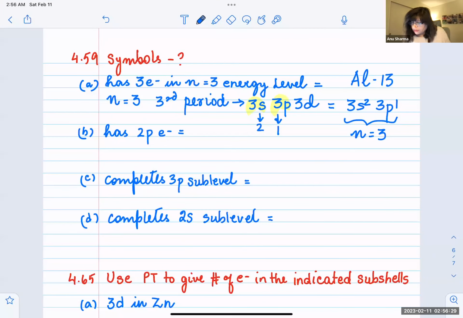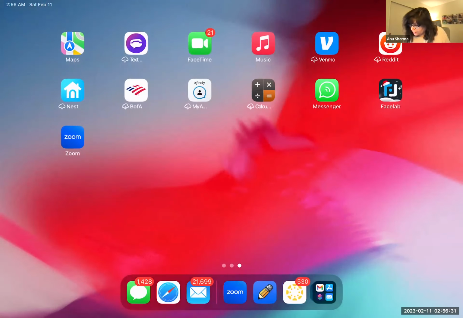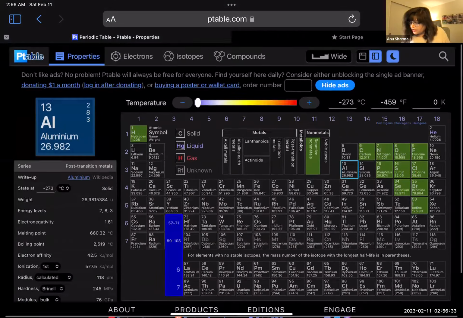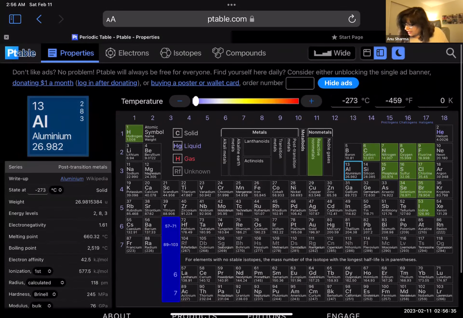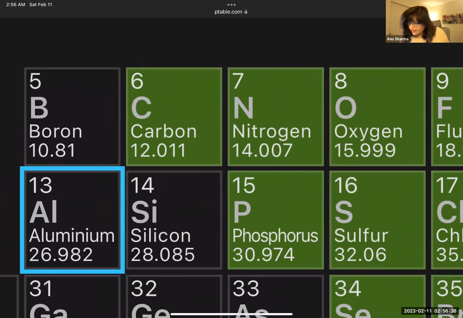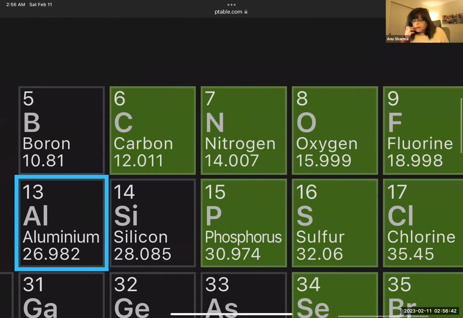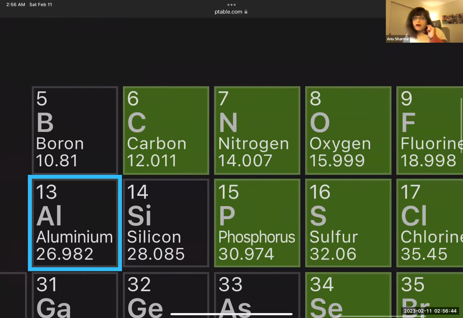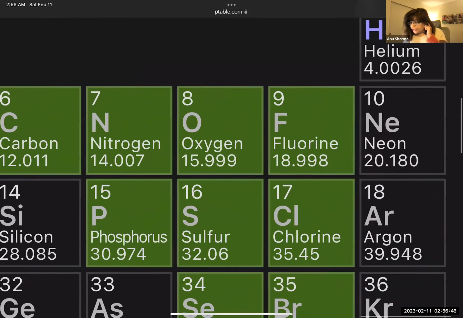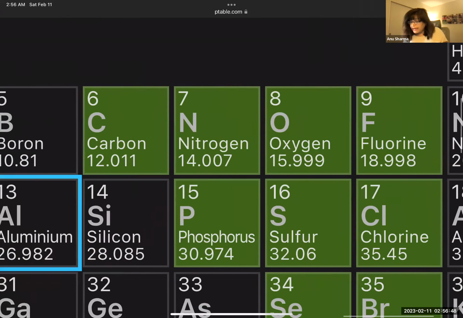Next is, which symbol of that element has 2p electrons? So 2p electrons are present in boron. 2p1, 2p2, yeah, it can be boron, carbon, nitrogen, oxygen, fluorine, and neon. So we don't know how many they are saying.